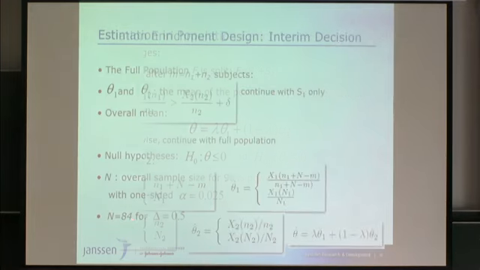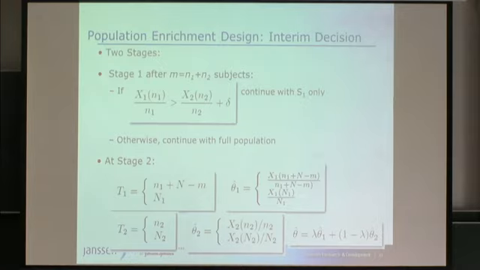So now I have the formula. As an illustration, I'm looking at a very simple selection procedure. At the interim analysis, after n1 subjects in the first group and n2 in the second group, I have subset S1 and subset S2. If the observed mean in S1 is greater than the observed mean in the second one plus delta, I drop S2. So I don't take S2 in the second stage.